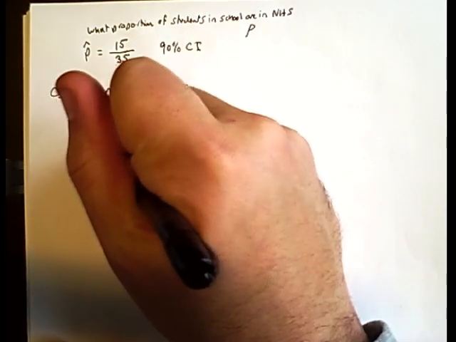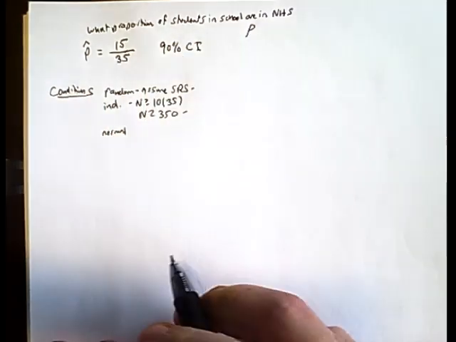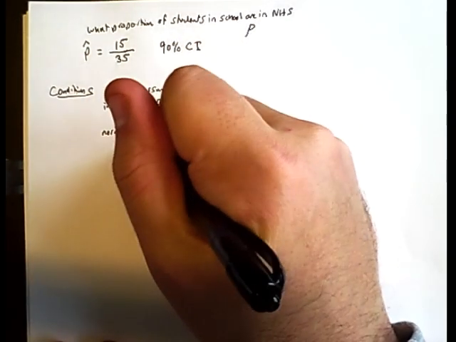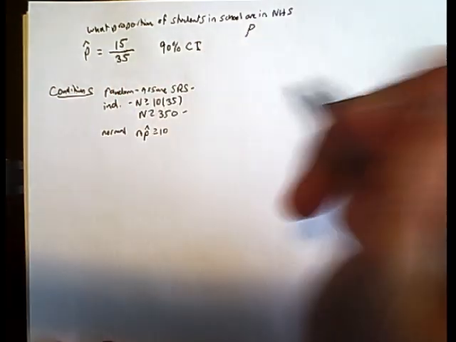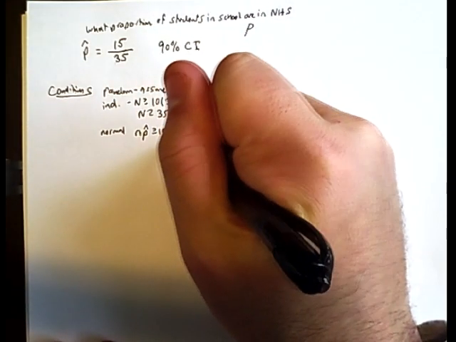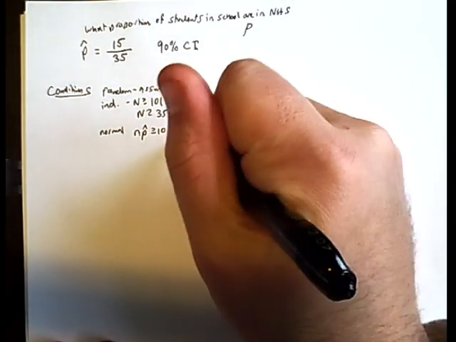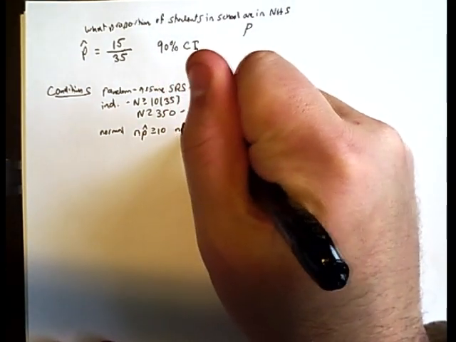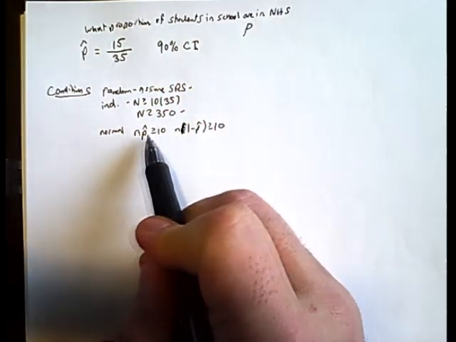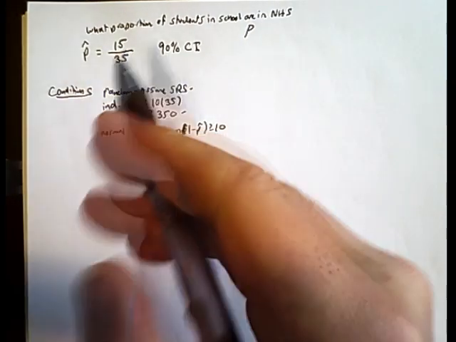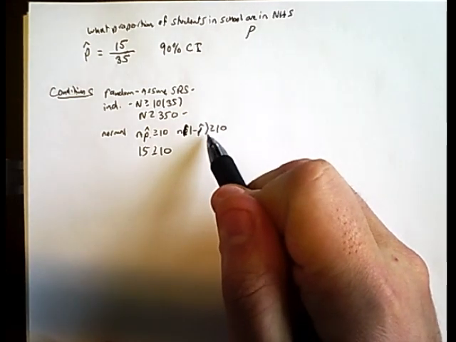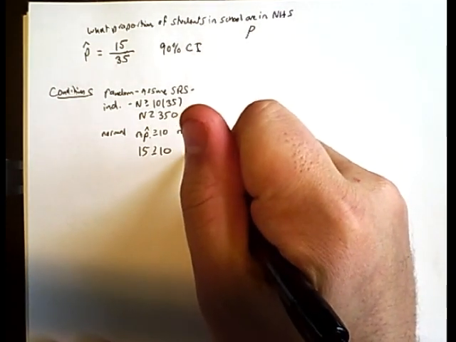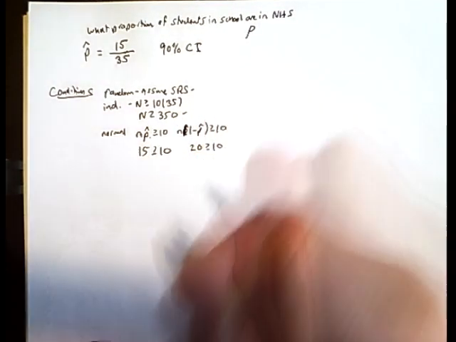And the normal condition: since we don't know rho in a confidence interval, we take n times p hat and make sure it's bigger than 10, and n times 1 minus p hat, and make sure that's also greater than 10. So n times p hat would be the number of successes, 15, and n times 1 minus p hat would be the number of failures, 20. Those are both bigger than 10.